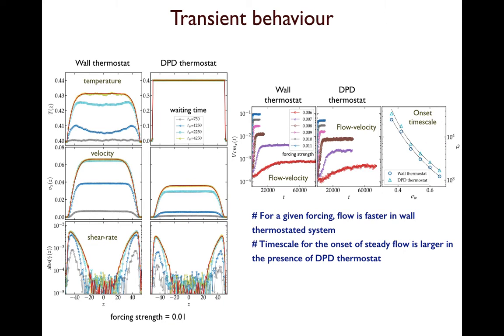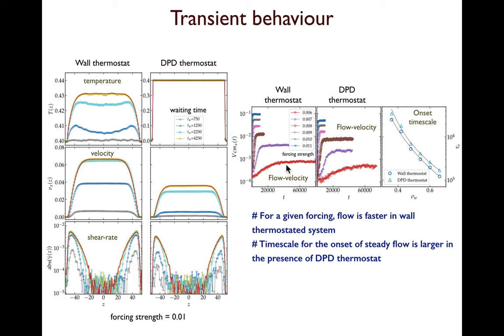We have also tried to understand the transient behavior, where for a given forcing strength, for different waiting times, we try to measure different quantities. The red solid line that you are seeing here is actually the steady state response. Also, we have tried to measure the mean flow velocity for different forcing strengths in the two cases.